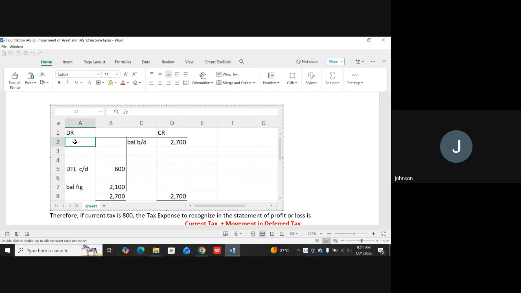Do we have a deferred tax asset for this year? If it's for this year, an asset should always be debited, but because it's for this year, I say treat it in the opposite direction. You don't put it on the debit side, put it on the credit side. But if it's an asset you are bringing from last year, treat it exactly by the rule that we are having.